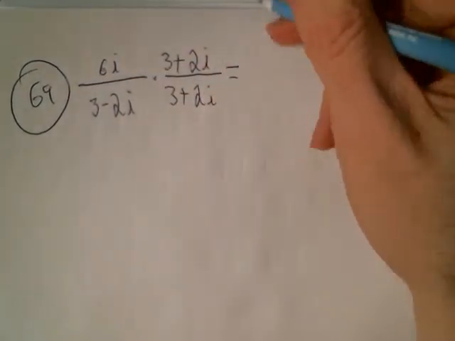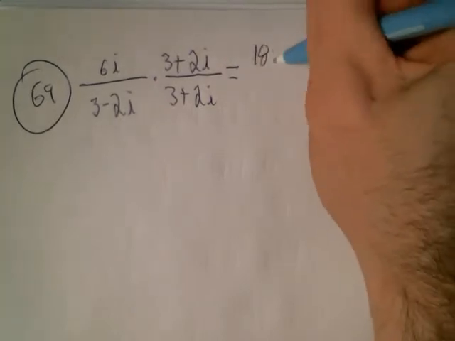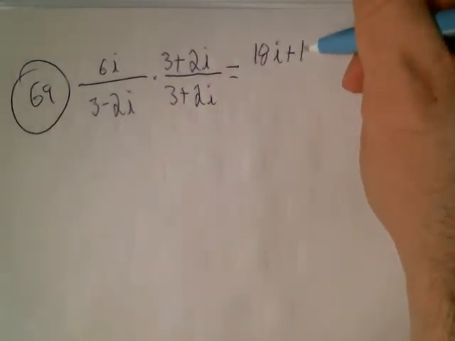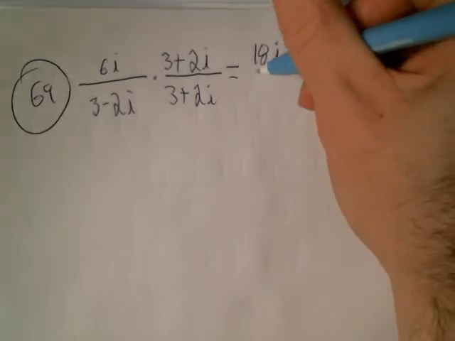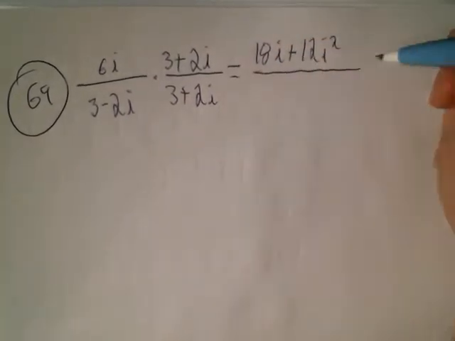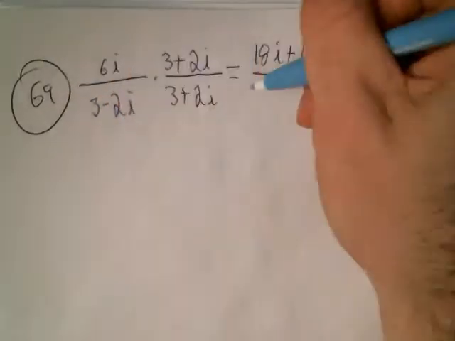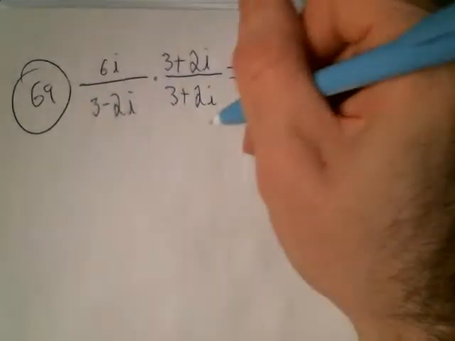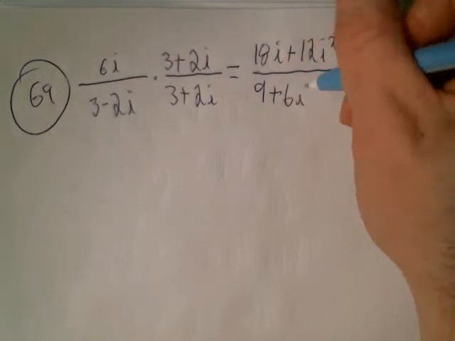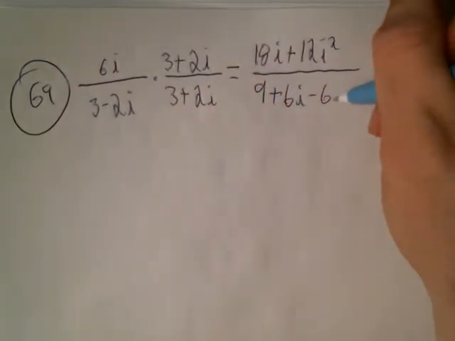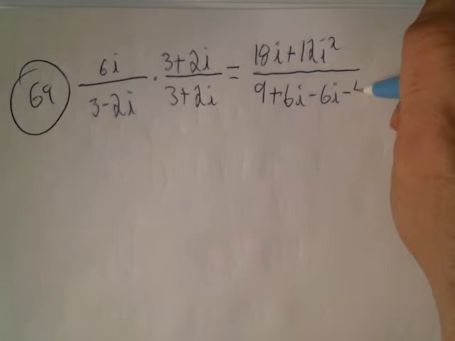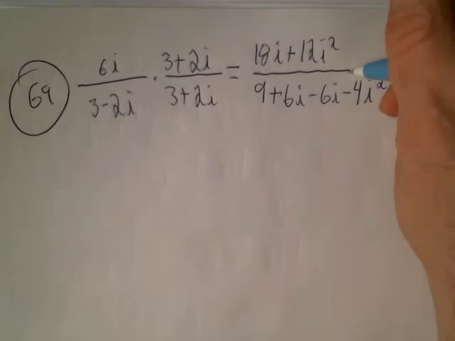And the numerator distributes, so you'll have 18i plus 12i squared. And the denominator, first, outer, inner, last, so 3 times 3 is 9. The outer, plus 6i, the inner, minus 6i, and then minus 4i squared.